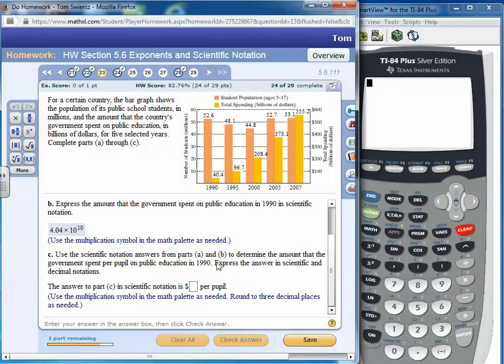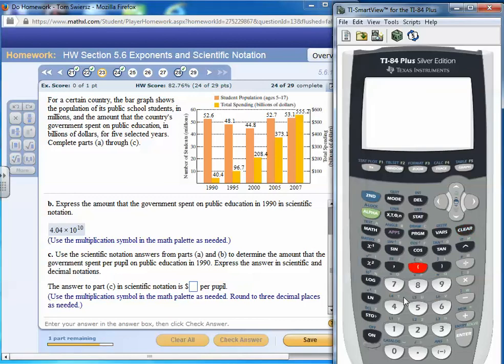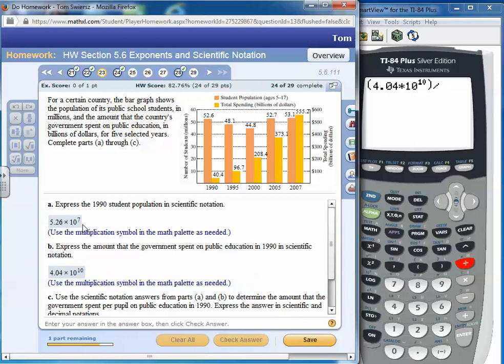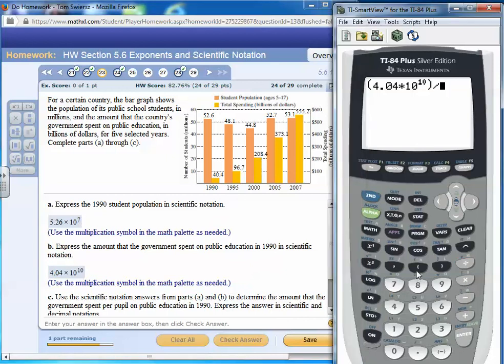So we're going to go ahead and take the money, which is 4.04 times 10 to the 10th, the amount of money divided by the amount of students, which was 5.26 times 10 to the 7th.